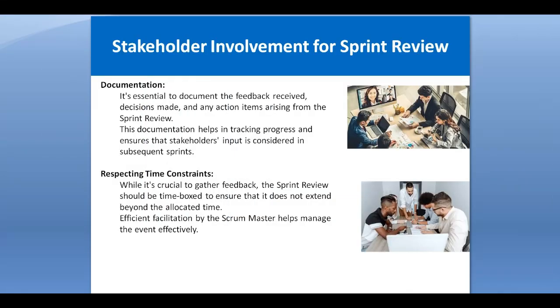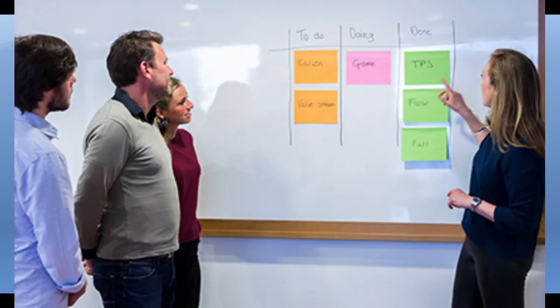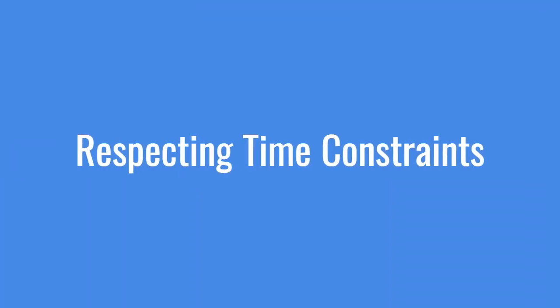Then documentation. Friends, it's essential to document the feedback received, decisions made, and any action items arising from the sprint review. So whatever the feedback is, it should be properly documented. This documentation helps in tracking progress and ensures that stakeholder input is considered in subsequent sprints. Respecting time constraints.